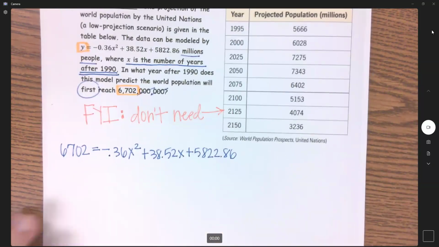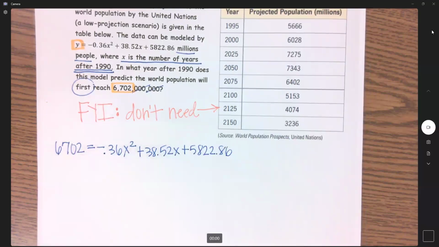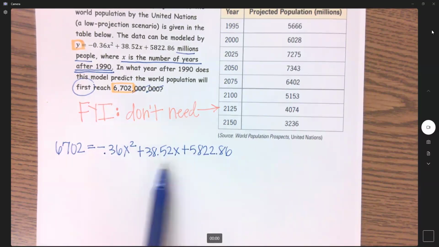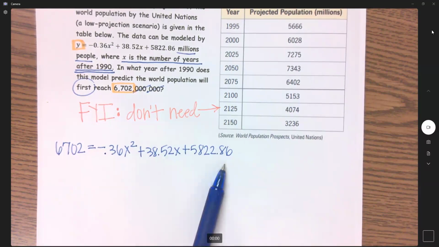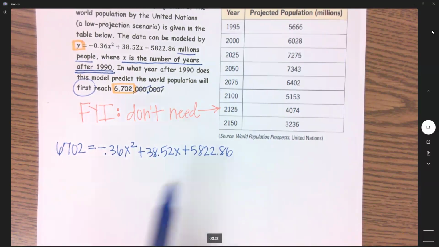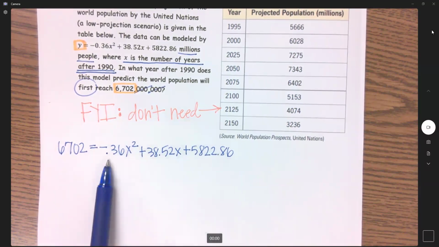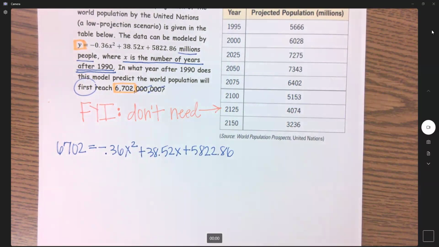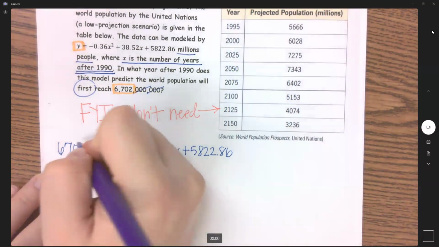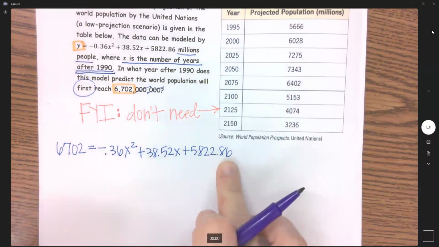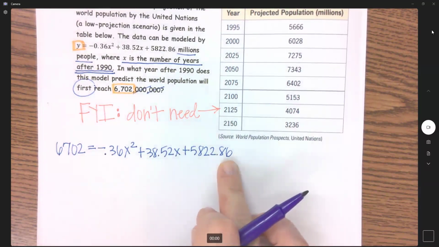Okay, now I can see it's a quadratic because of the x squared. So now we need to get this into standard form, because we're going to solve this by quadratic formula. I'm not going to try to do this with these decimals by factoring. Because I'm going to use the quadratic formula, it's okay for my x squared to be negative. So what I am needing to do is move this over to this other side by subtracting.